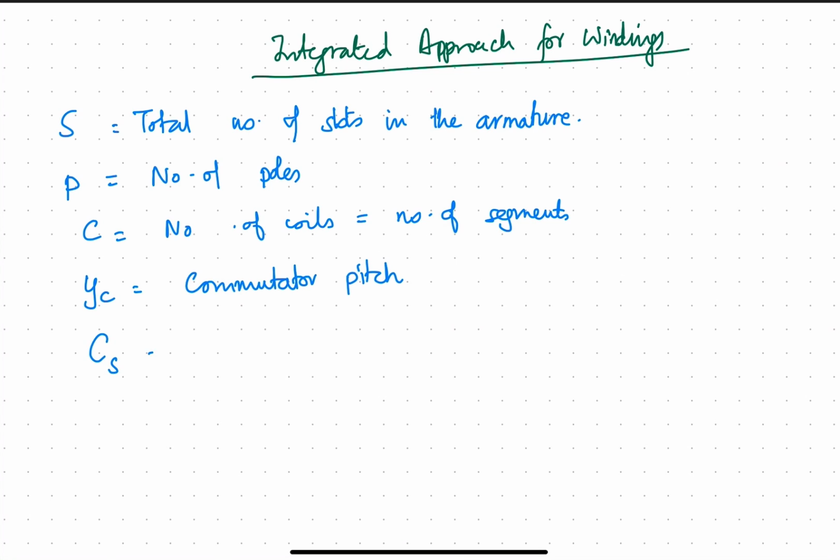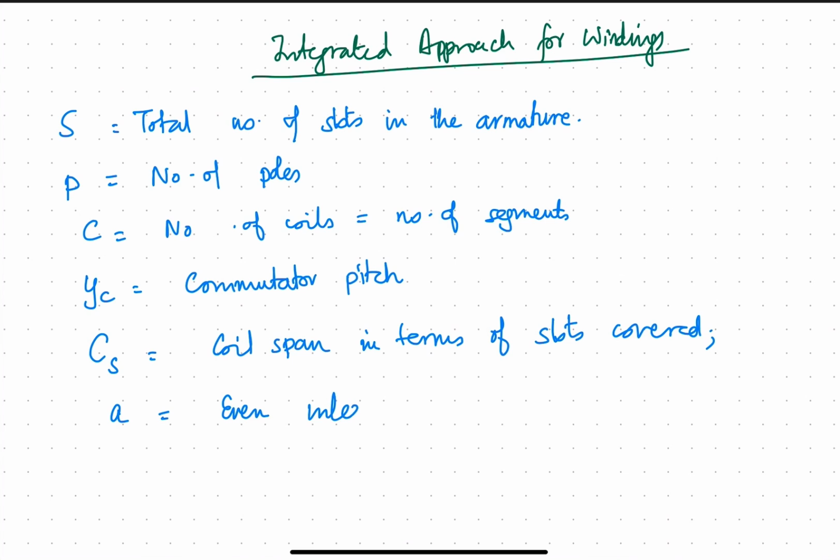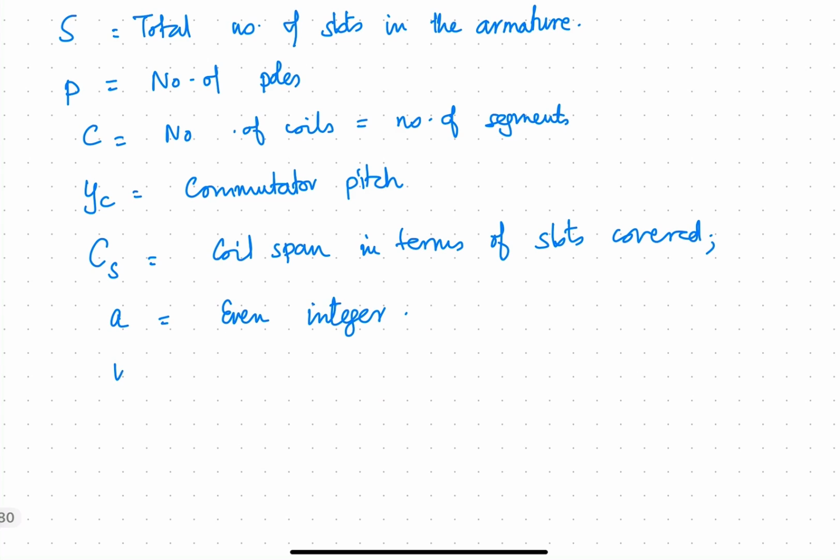CS is the coil span in terms of slots covered. Then we have an even integer, symbol A. U is the coil sides per slot, and this U is equal to 2C by S.